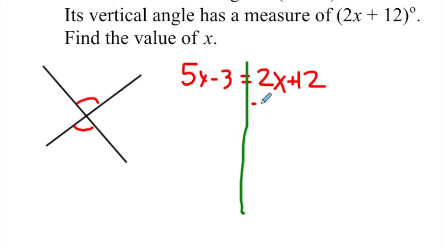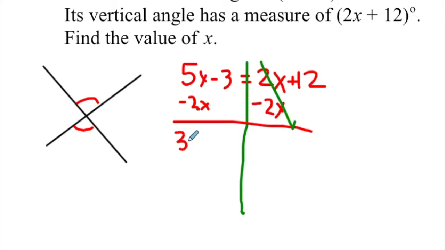So I am going to start here by subtracting 2x from both sides. So these over here will cancel out, and we can say that 5x minus 2x would give us 3x. So 3x minus 3 is equal to positive 12.